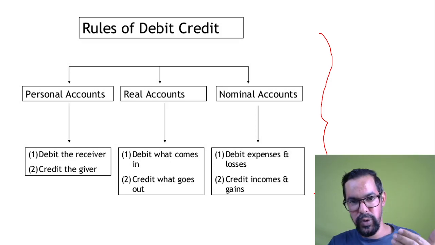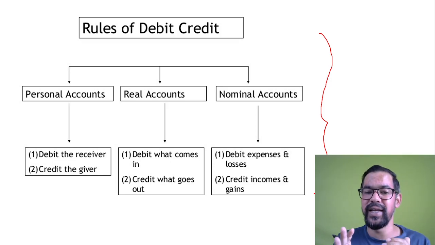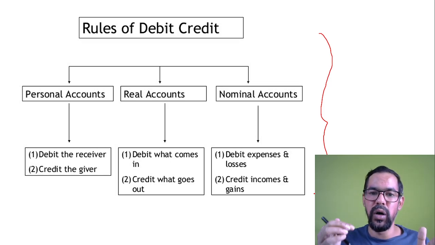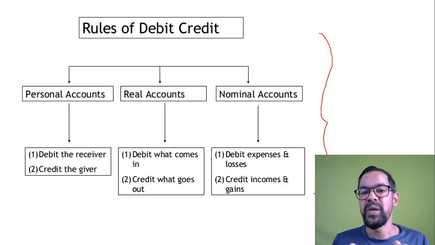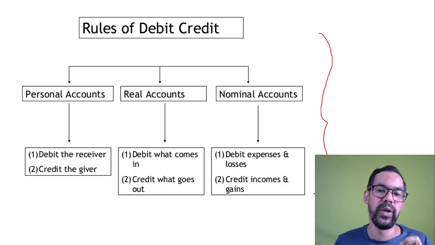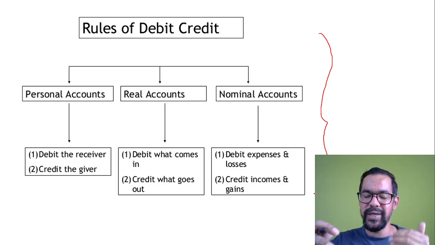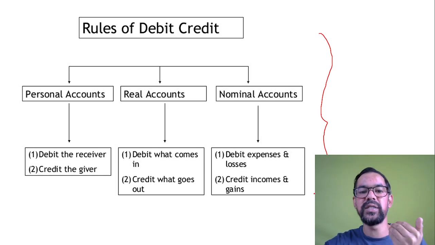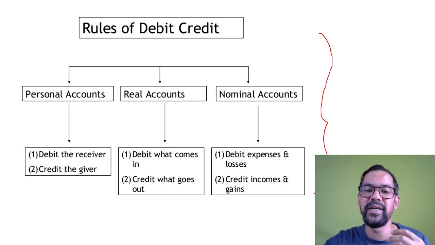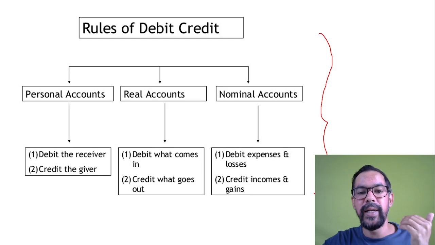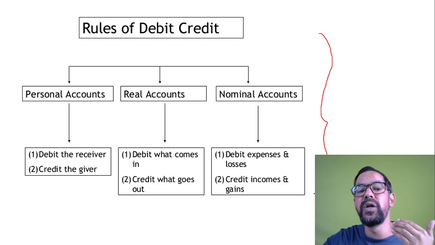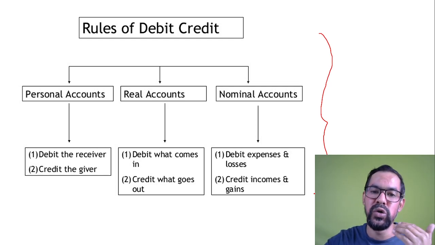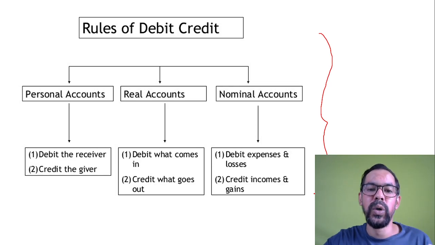If you practice more and more, you will definitely get the different classifications and make the right entries according to the golden rule. Just make a chart and practice. I'll also come with some questions that will definitely help you identify which entry belongs to personal account, real account, or nominal account, and the golden rule as well.